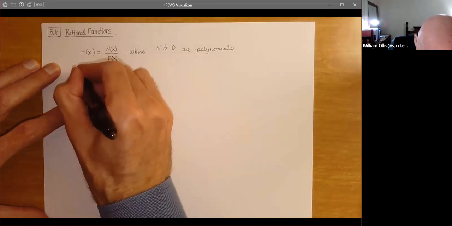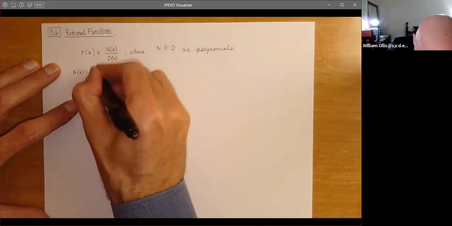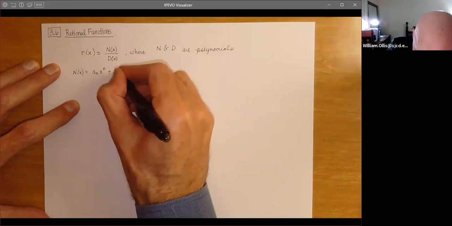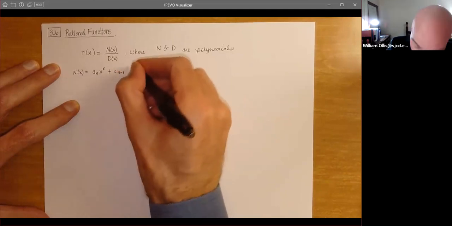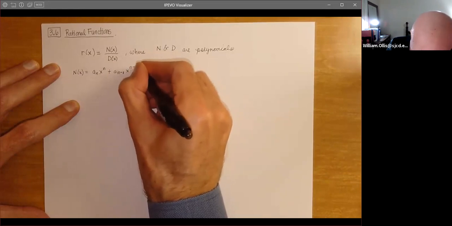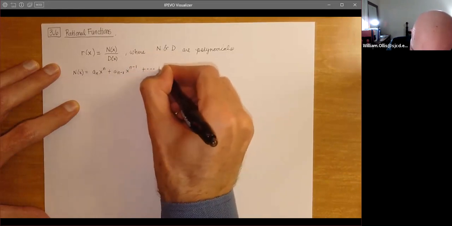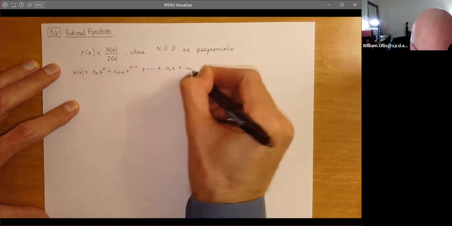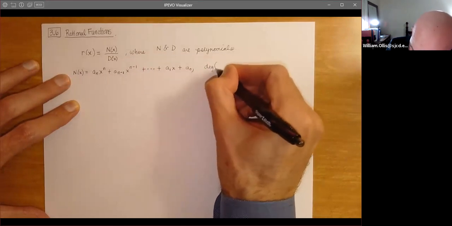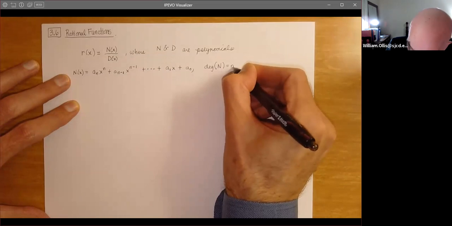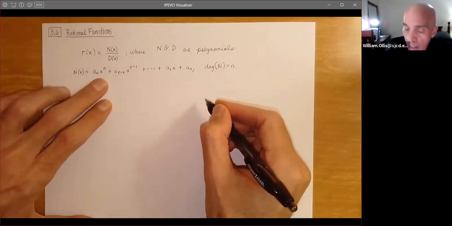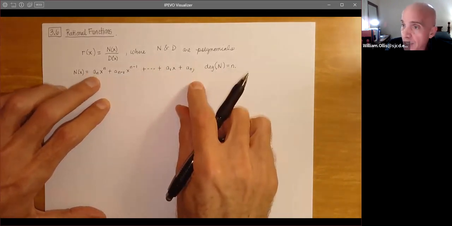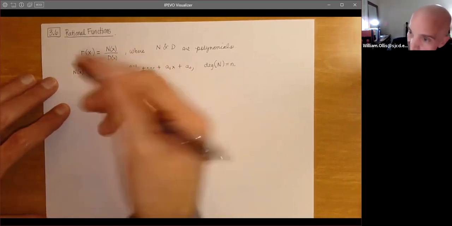So we could say n of x would be a sub n times x to the n plus a sub n minus 1 times x to the n minus 1, and then we'll just keep moving down to the first degree term and then the constant term. So of course, n would have degree lowercase n. So remember, a polynomial of degree n is always going to look like this. That is, we are assuming that the leading coefficient a sub n is non-zero, as we always do.